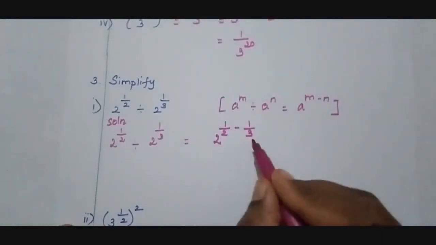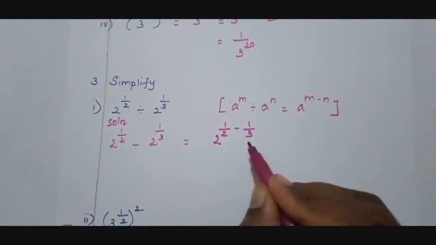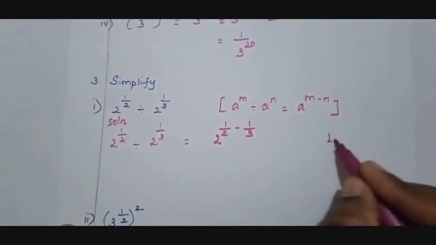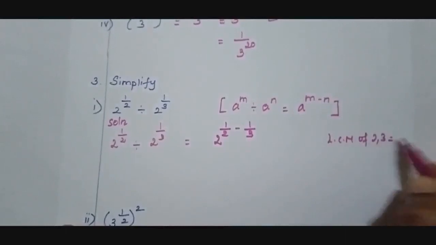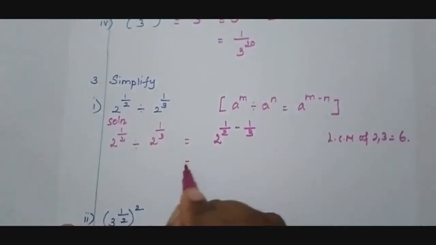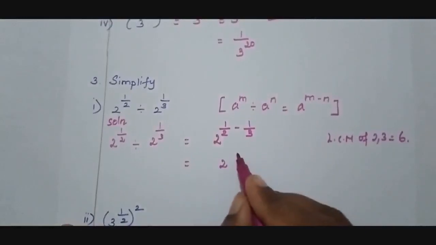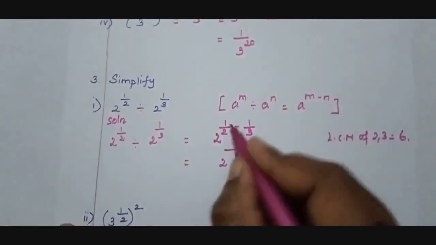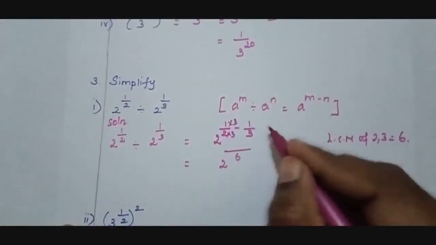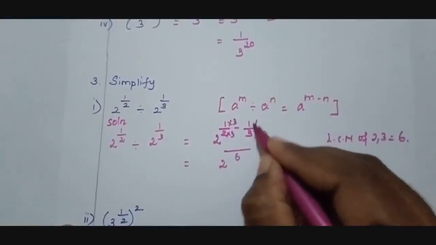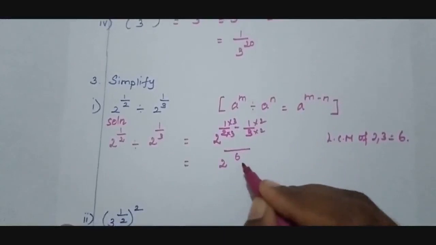Here the denominators are different, so you should take LCM. The LCM of 2 and 3 is equal to 6. 2 power 6. So here you should multiply by 3, both numerator and denominator. Here you should multiply by 2 in order to get the number 6.